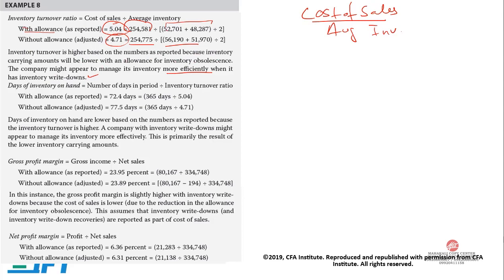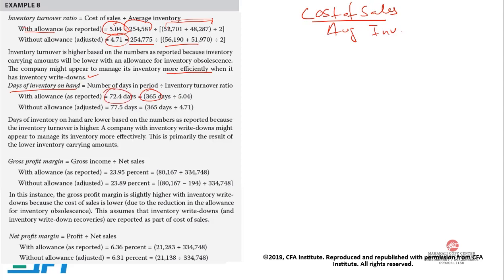This inventory would be lower because of inventory obsolescence, and that is going to increase our turnover ratio. Days of inventory on hand is 365 days divided by turnover ratio. Again, because turnover ratio is better with allowance, it shows lower days.